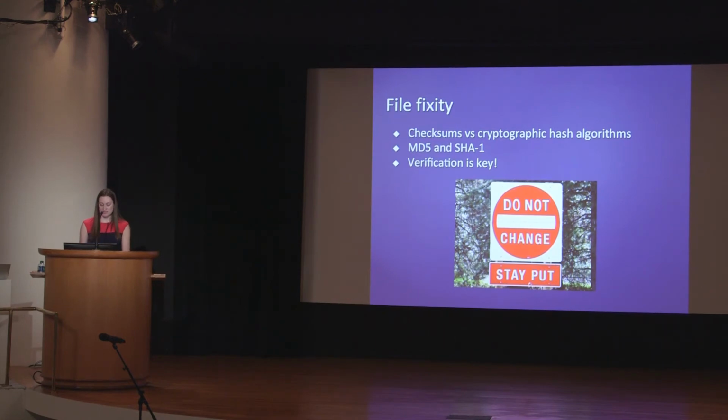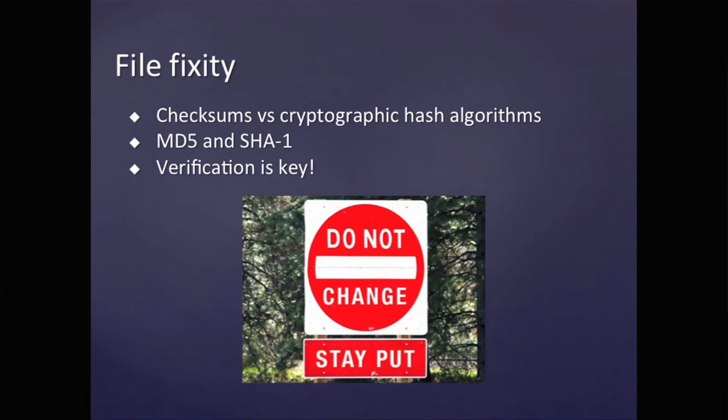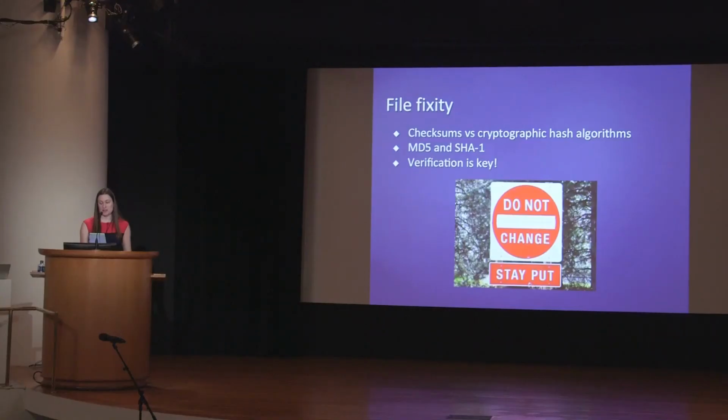File fixity means ensuring that a given file is fixed or hasn't changed from a previously known state. This is observed by using checksums, which Ben mentioned in his practical session. So when you create a checksum for a file and then alter the file, if you create a new checksum for that file, it will not match the original.